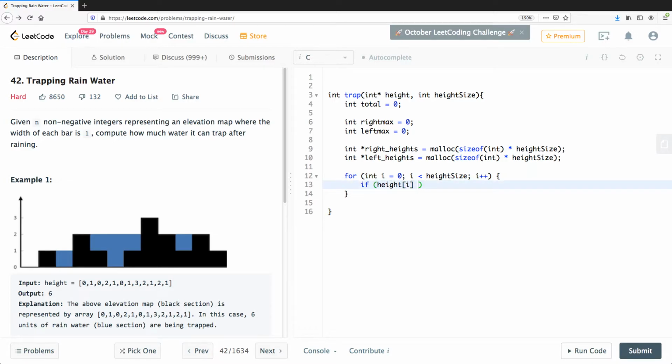If height I is greater than right max that we have seen so far, then right max is reset to height I. And here we just do right heights I equal to right max.